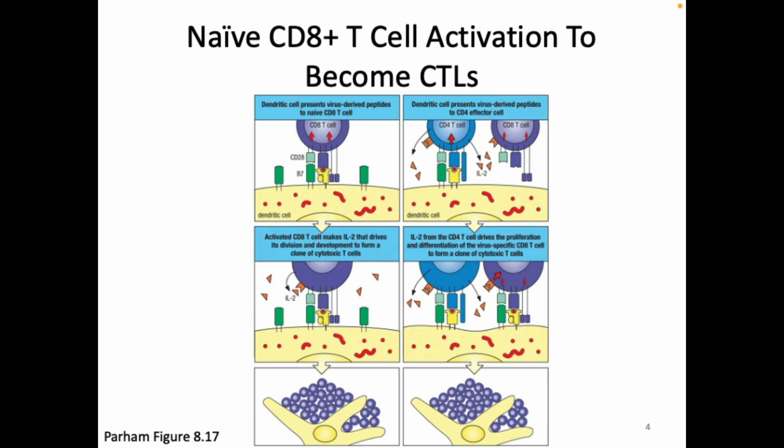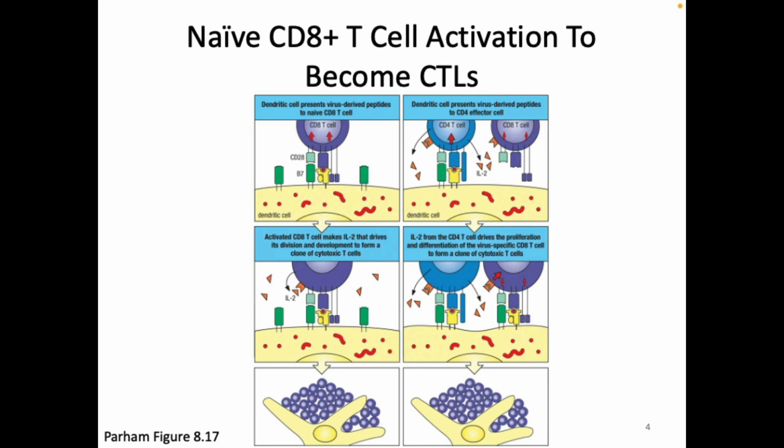And so you can see here is our naive CD8 T cell. It's getting a signal through MHC class 1 and peptide because it's a CD8 T cell. It's also getting signal 2 from CD28 on the T cell interacting with B7 on the APC. And that T cell is now going to proliferate and make many copies of itself, as well as differentiate to become a CTL.